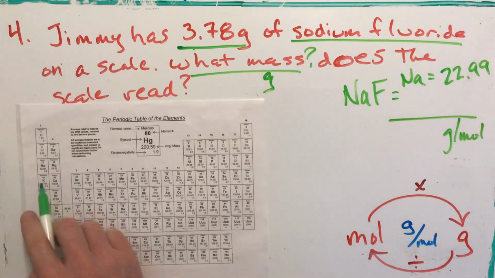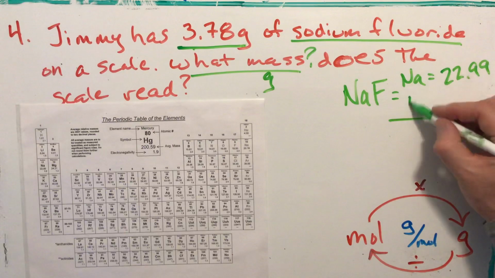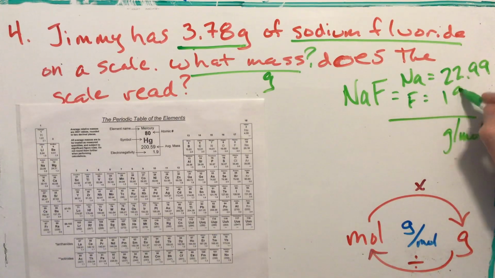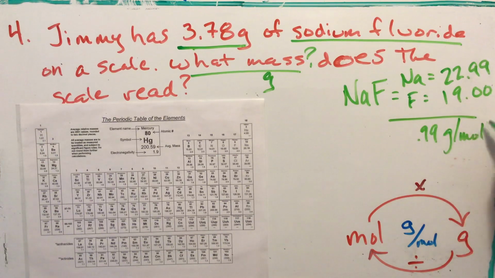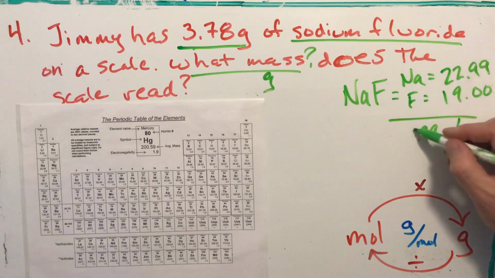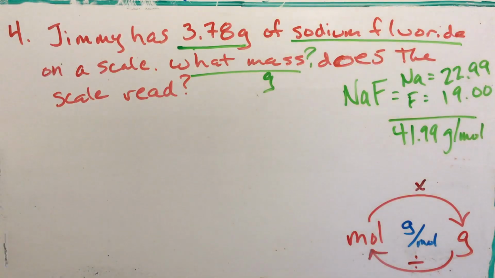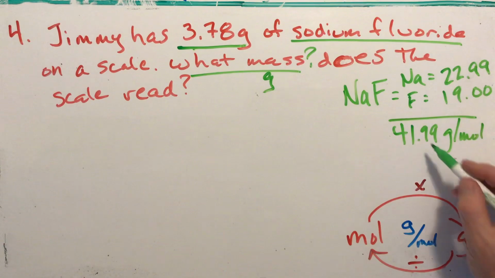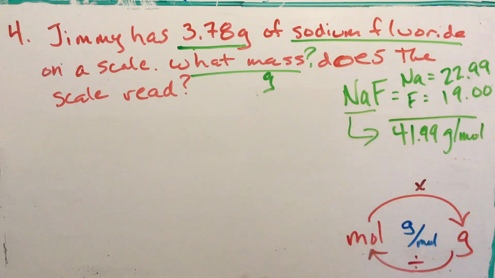Sodium right here, 22.99, fluorine is 19. I've got one of each. I know that's going to end in that. So 99, 2 9 is 11, carry the 1, 41.99. So there's my molar mass. 1 mole of sodium fluoride has a molar mass of just short of 42 grams.